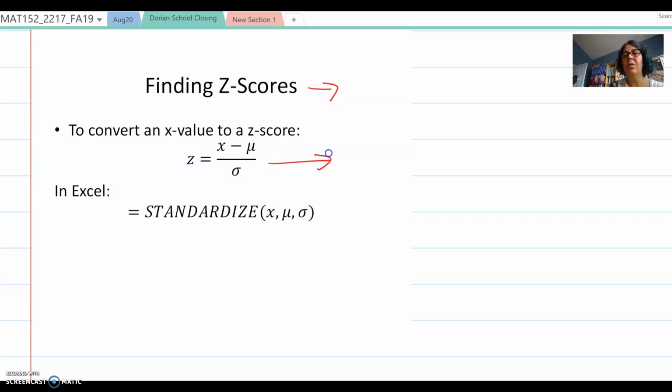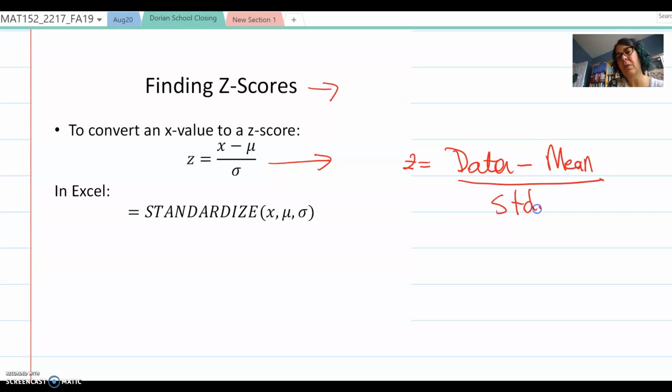The most general form of the z-score, the location, relative positioning, means the data in your hand minus the mean of the distribution that you are talking about, over the standard deviation of the distribution you're talking about.